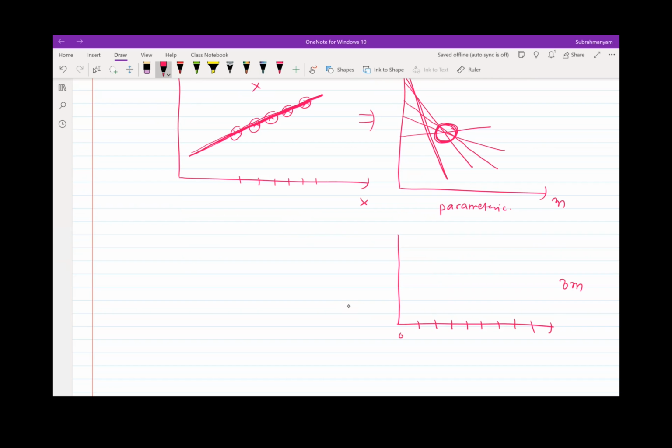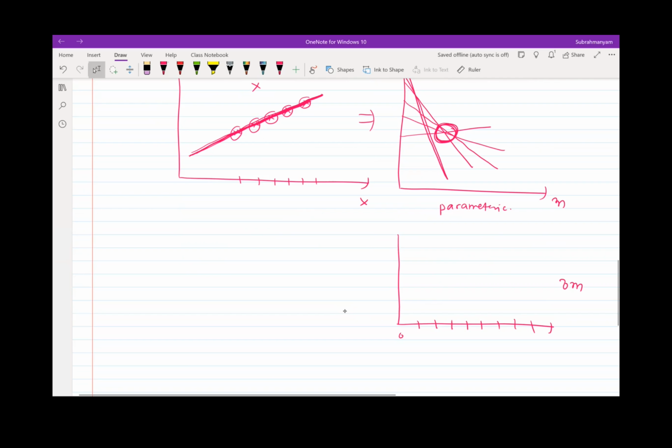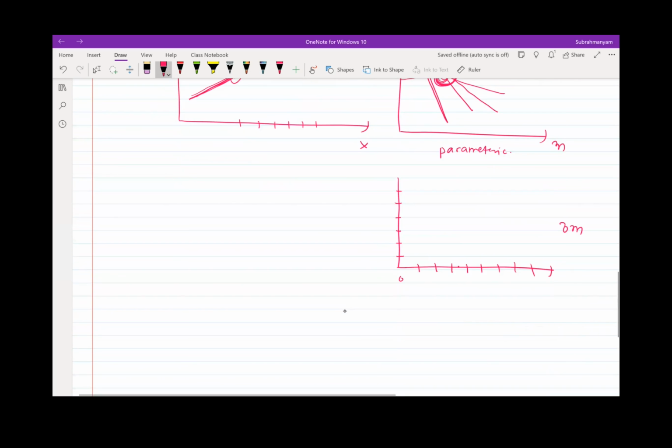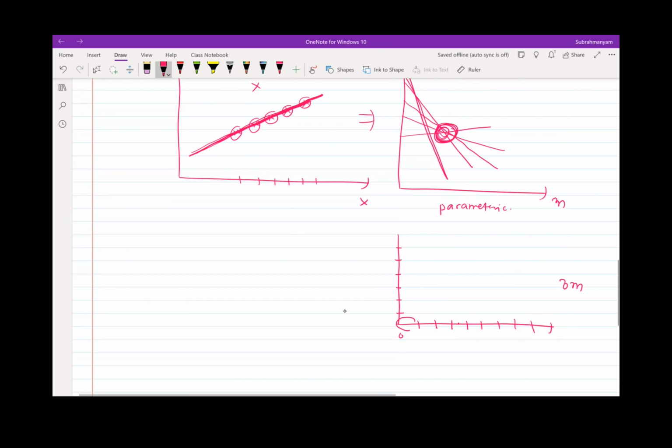In fact, there will be slight variations here because the actual one might be something close here, but again those points will be all around here. So you take a thresholded value here also. Whatever C you are getting here, you threshold it to these points, and then you go through each bin and count the number of points coming here.